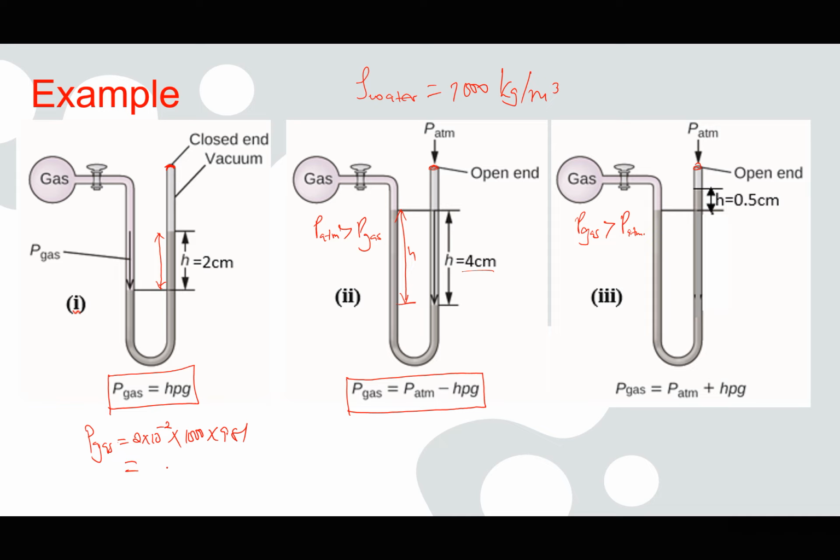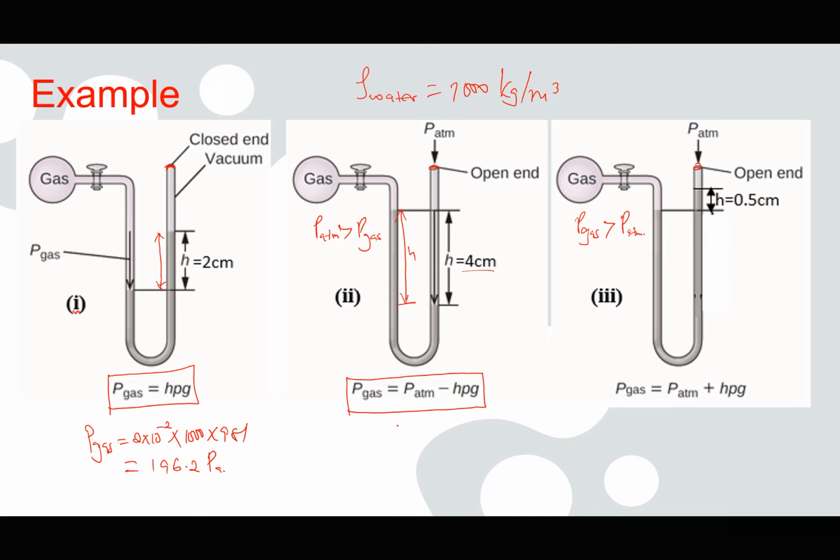So in this case, the pressure of the gas will be 9.81 times 2 times 10 to the power of minus 2 times 1000. So here the pressure of the gas will be 196.2 pascals.